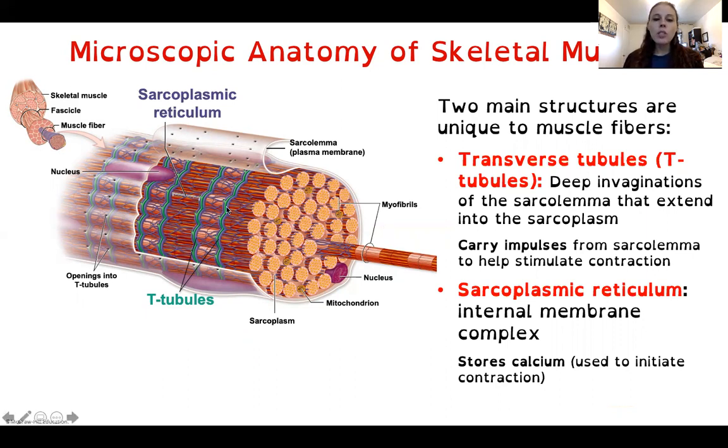We also have transverse tubules. Transverse tubules are basically invaginations, depressions of the sarcolemma that extend into the cytoplasm. And they help carry the electrical impulses that are coming from the sarcolemma and reaching all these myofibrils. So it helps also with the contraction of the muscle.